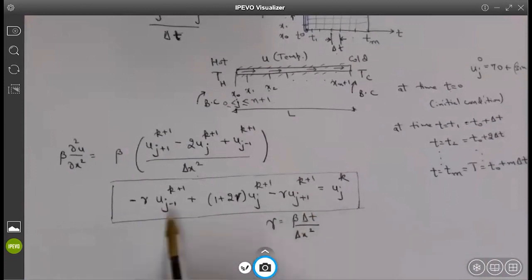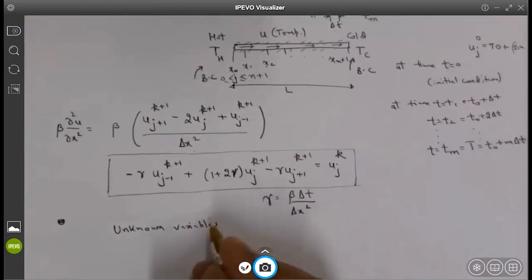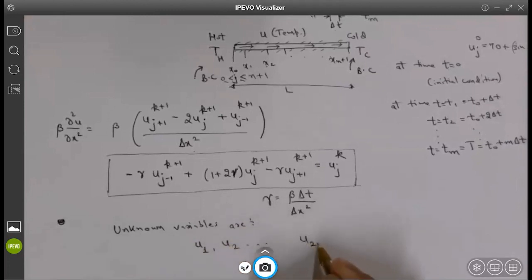And in this specific equation, if I ask you what are the unknowns, can somebody tell me what the unknowns will be? It's U1 to U. Okay, so all the unknown variables here are all the temperature distribution from U1, U2 up to U200.